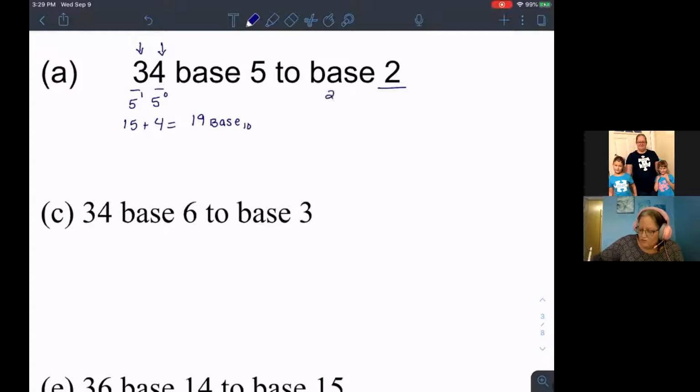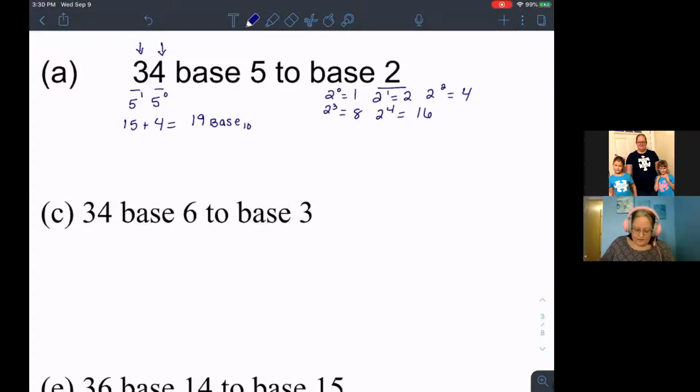So like 2 to the 0 is 1. 2 to the first power is 2. 2 to the second power, which is like 2 times 2, would be 4. Then 2 to the third power would be 8. And 2 to the fourth power would be 16.